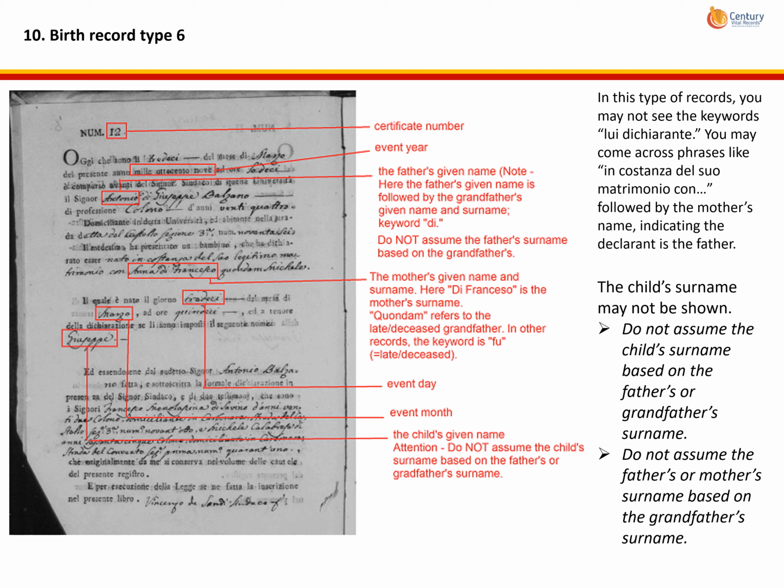Unless the father's complete name, including his surname, is shown at the signature, you should leave the father's surname field blank. Similarly, do not assume the child's surname based on the father's, and do not assume the mother's surname based on the maternal grandfather's surname.